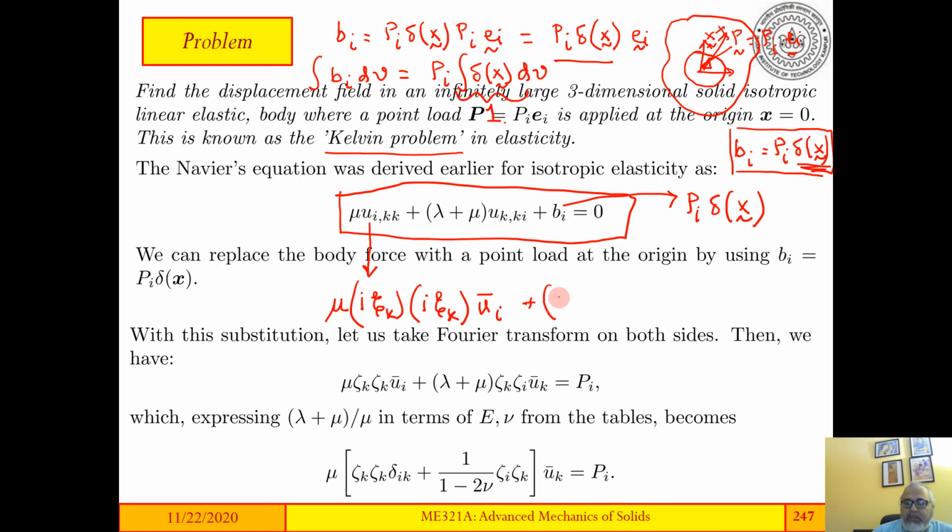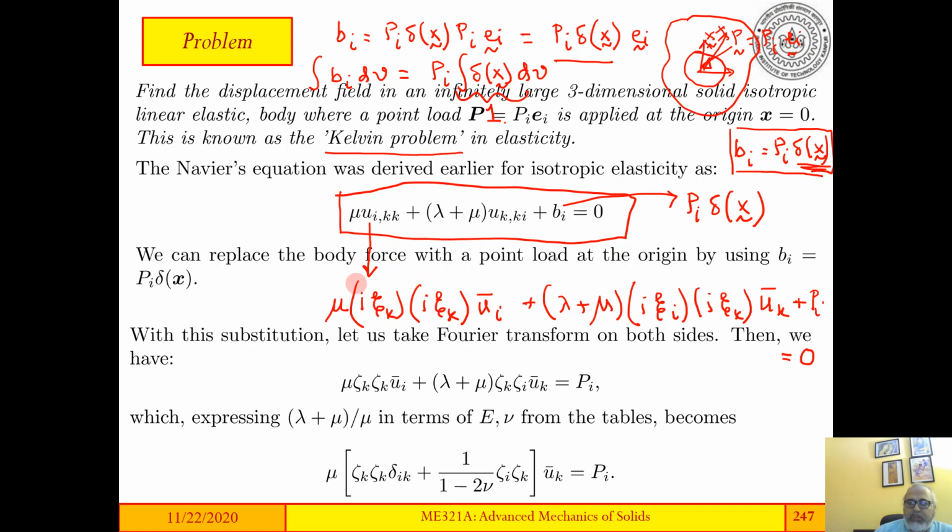Then lambda plus mu is a constant, and you have a derivative with respect to k and a derivative with respect to i. So you will have i zeta_i and i zeta_k, and you will be left with u_k bar, plus P_i times delta(x). Delta(x) has a Fourier transform of 1, so this will be equal to 0.